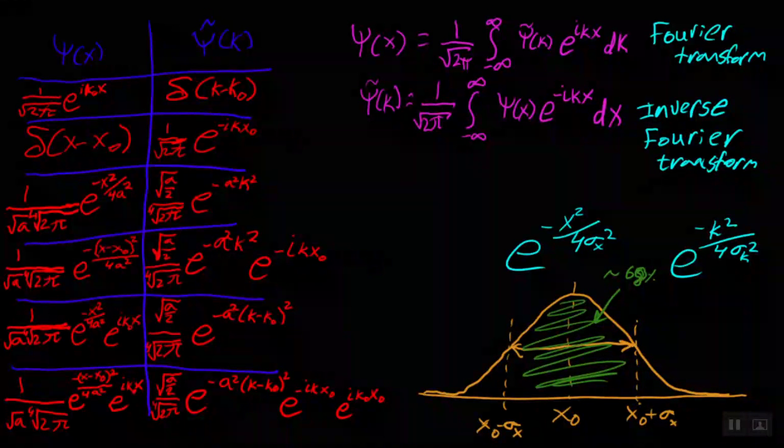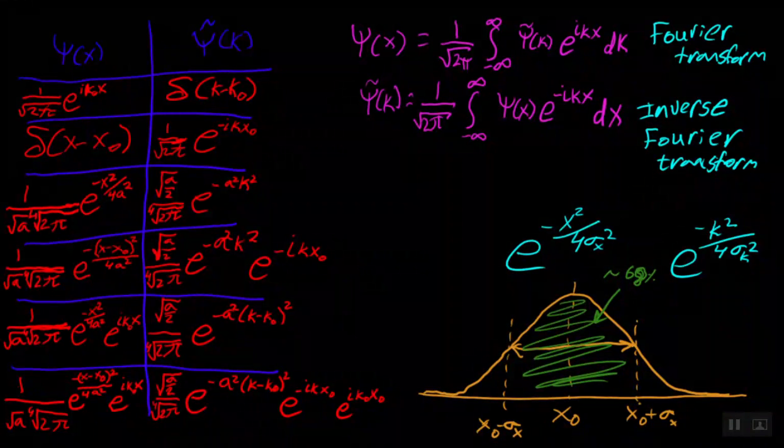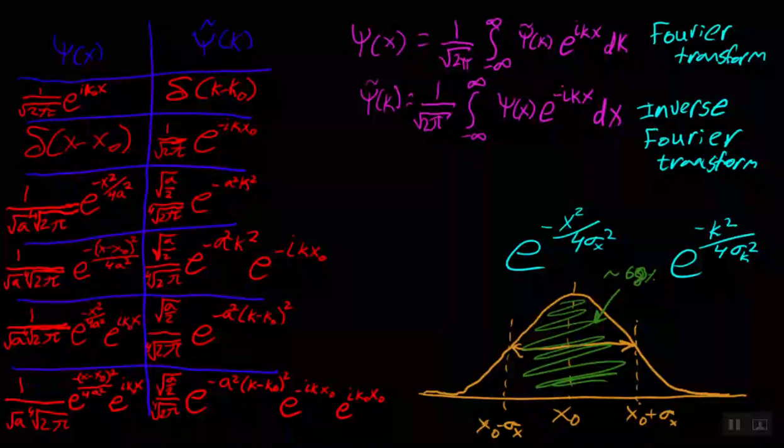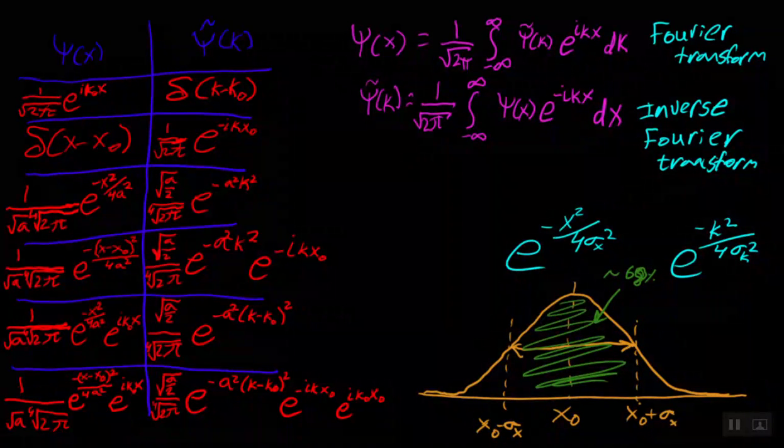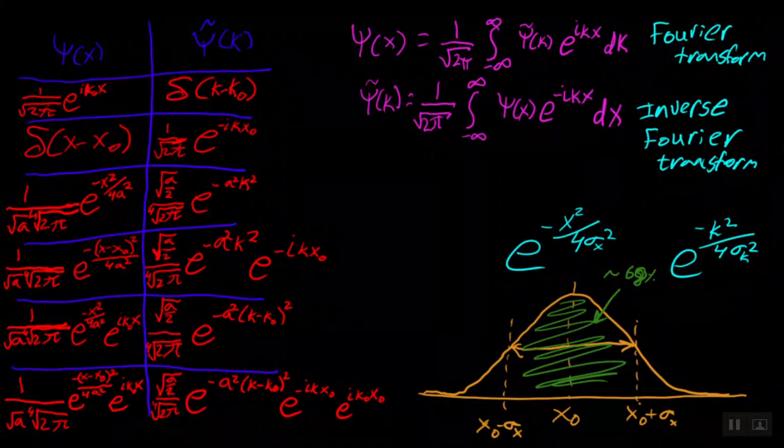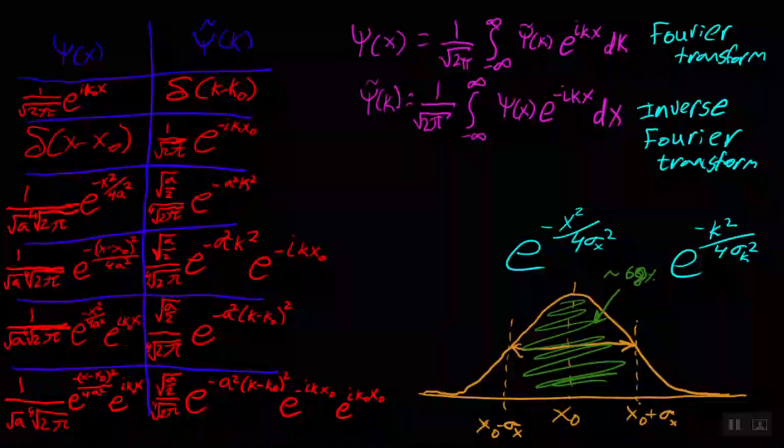And so now I want to show you that, in fact, Gaussians are special, that they are the minimum uncertainty wave function. We've already proved the uncertainty principle, and I'll show you in a few videos how to get that specific ħ over 2, like σx σp is greater than or equal to ħ over 2, right?